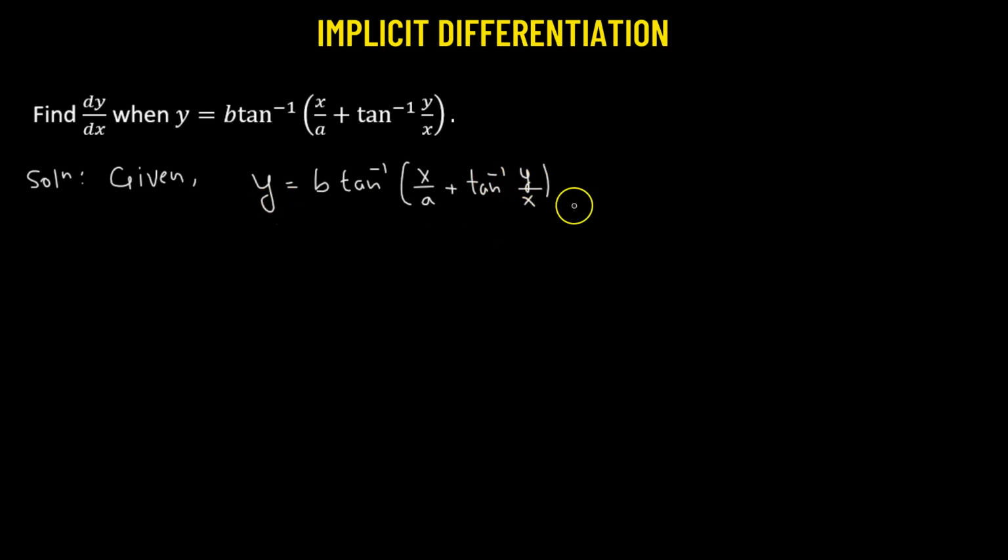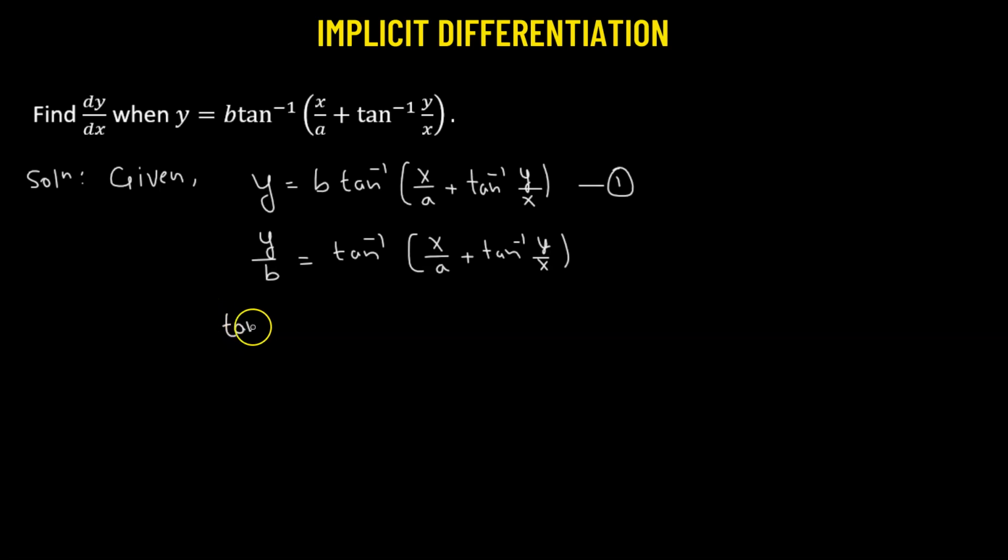Right. Well, we will divide both sides of equation number 1 by b. This gives us y over b equals tangent inverse of x over a plus tangent inverse of y over x. Now we're going to take the tangent on both sides.